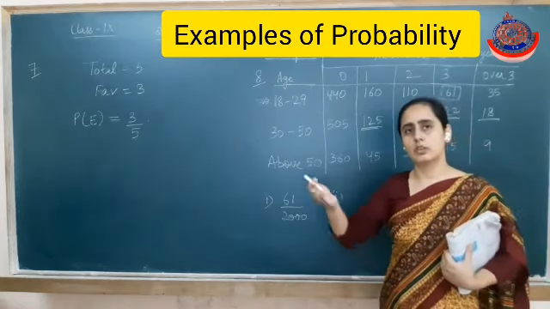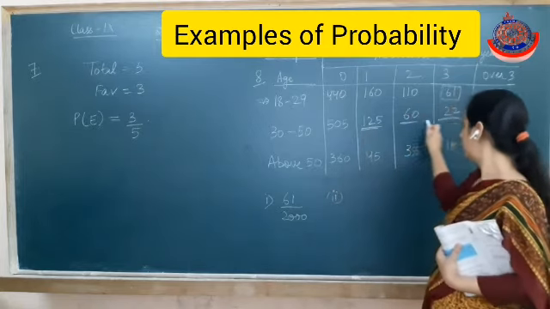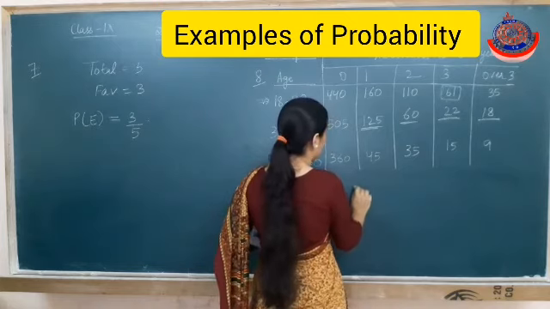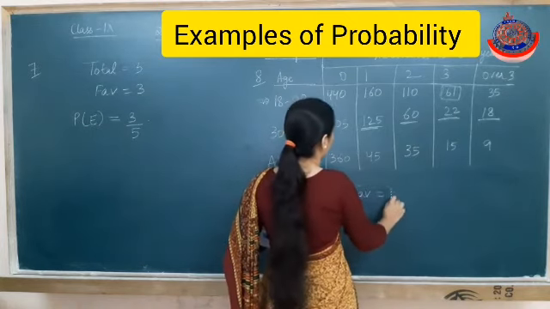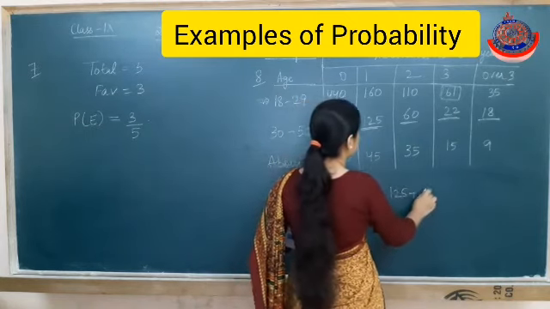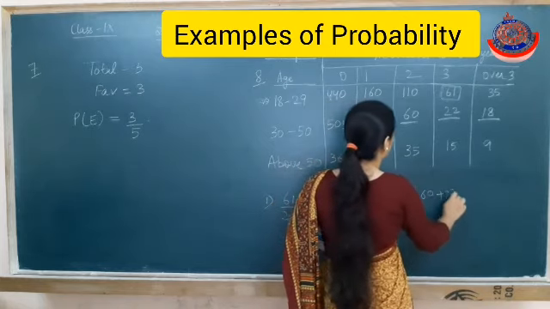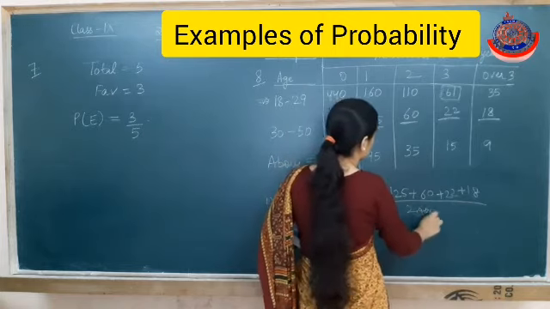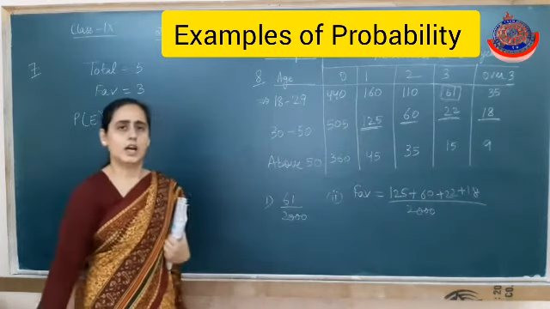More means more than 1. So we will be adding all these. So our favorable cases will become 125 plus 60 plus 22 plus 18. You will add all these and total are 2000. So this way you will get the answer.